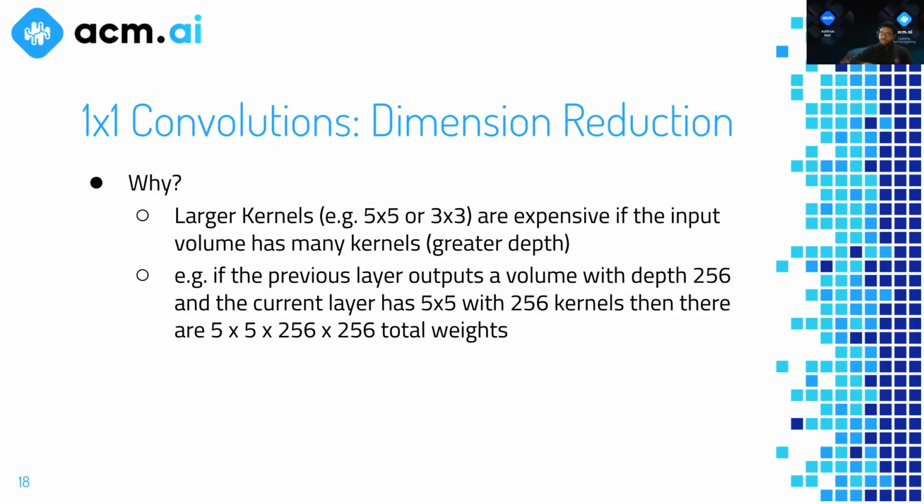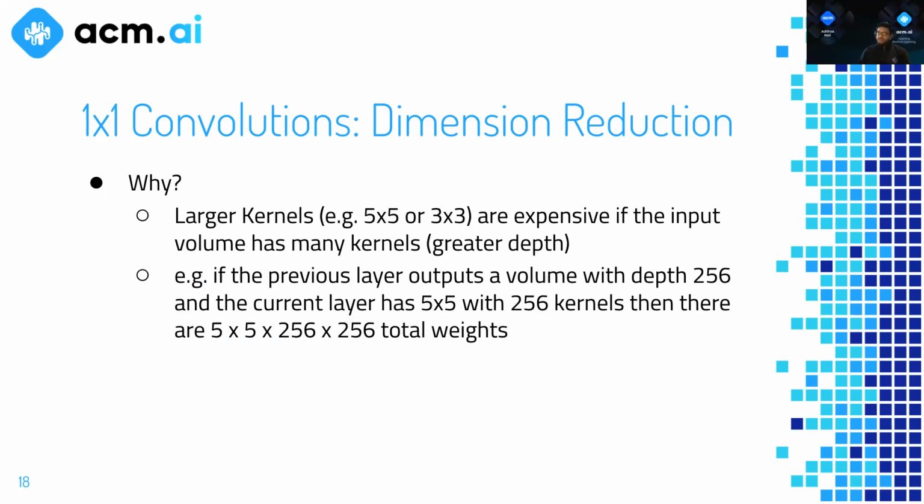So let's move on to the actual topic here, which is one-by-one convolutions. The issue with having large kernels like this, and especially with having this immense depth to our input volumes at different points in our convolutional network, is that you end up in a situation where you need to train a whole bunch of weights.